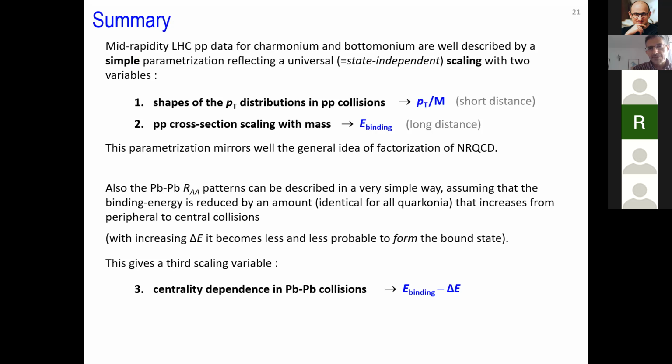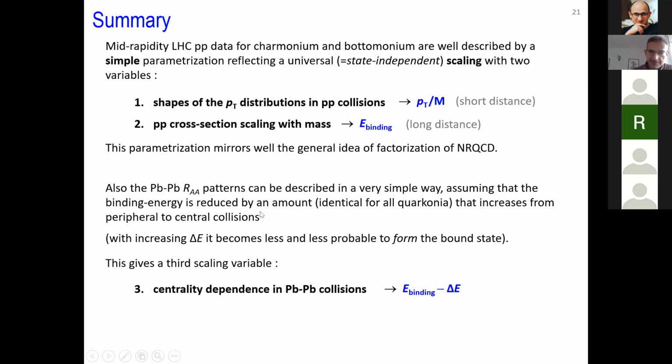For the proton-proton collision, we see that the shapes of the pT distributions scale like pT over M. The normalizations scale with the mass according to the binding energy. And this is a very nice picture because it is a factorized picture that mirrors very well NRQCD, but not only, any model in practice that tries to describe quarkonia production.